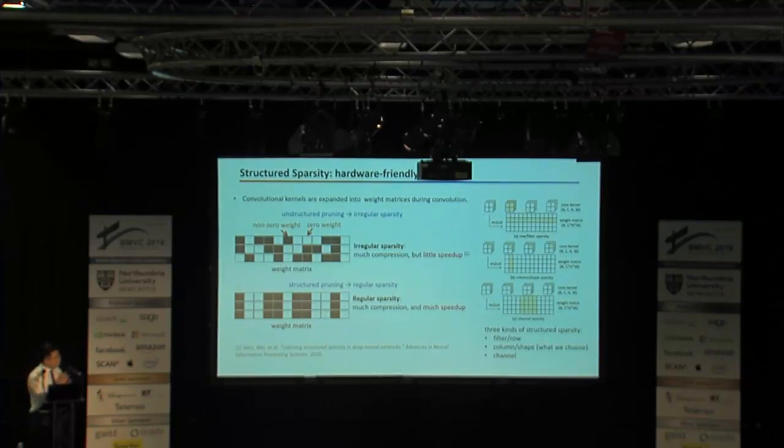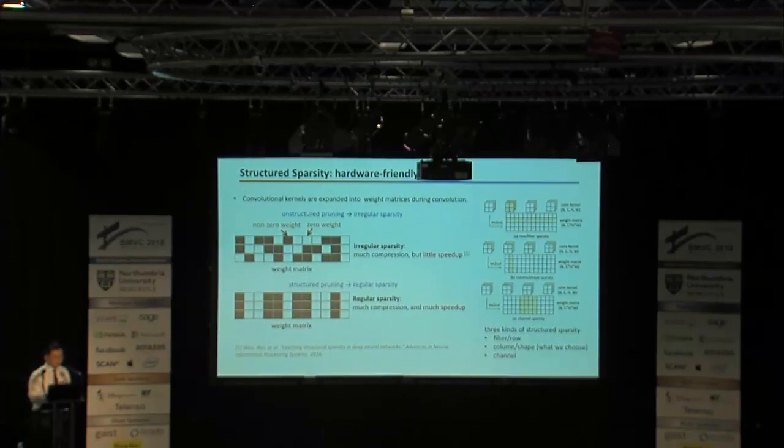If all the zeros are distributed very irregularly, even if we could obtain such a kernel, normally we cannot reduce the computation because we still have to do the whole convolution for all weights.